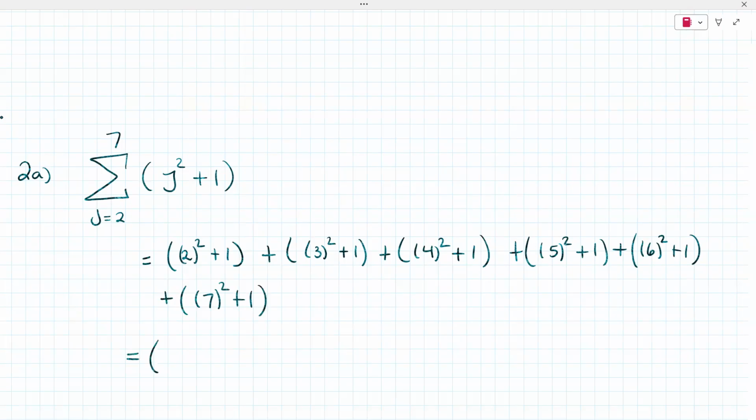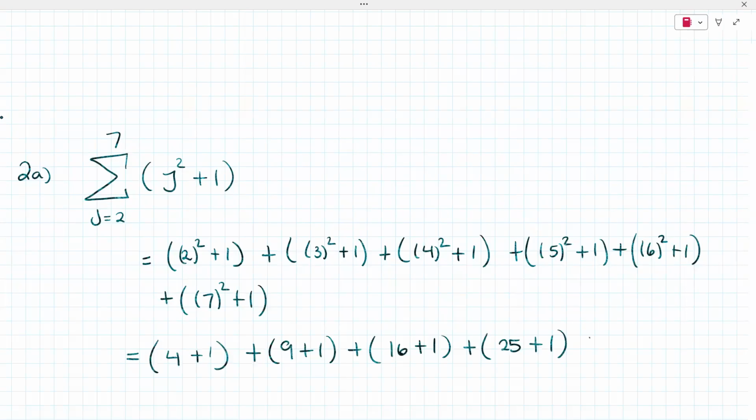So 2 squared is 4 plus 1, 3 squared is 9 plus 1, 4 squared is 16 plus 1, 5 squared is 25 plus 1, 6 squared is 36 plus 1, and 7 squared is 49 plus 1.